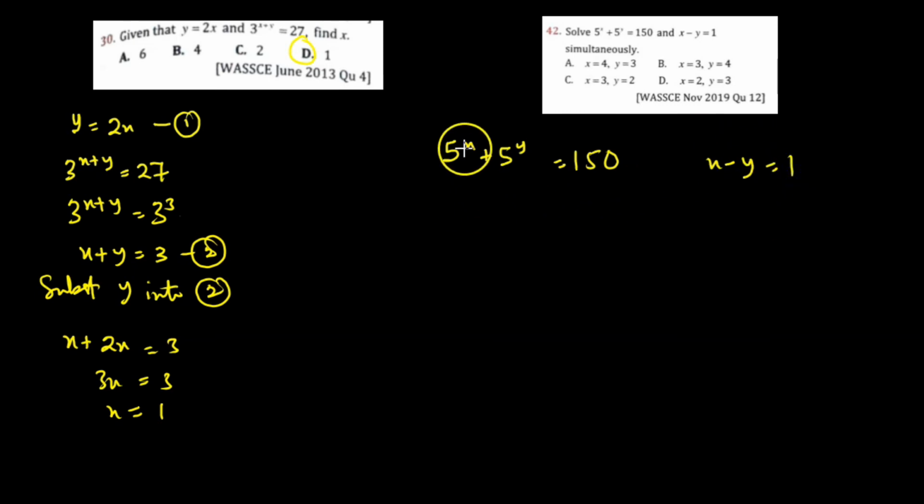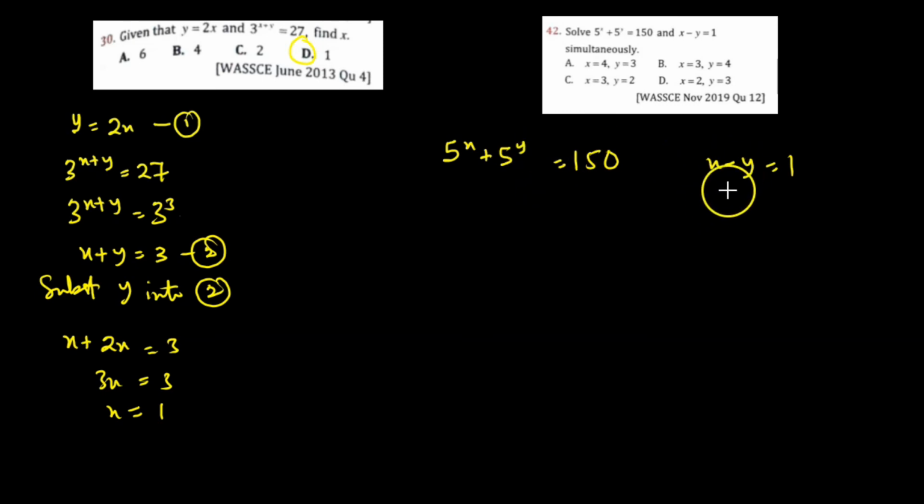If you look at it carefully, now you start thinking, can we merge these two exponential functions? If you look at it carefully, you realize that they are adding up, and there's no way you can merge two exponential functions when they are adding up. Therefore, the best way to solve such a question is to use the concept of substitution.